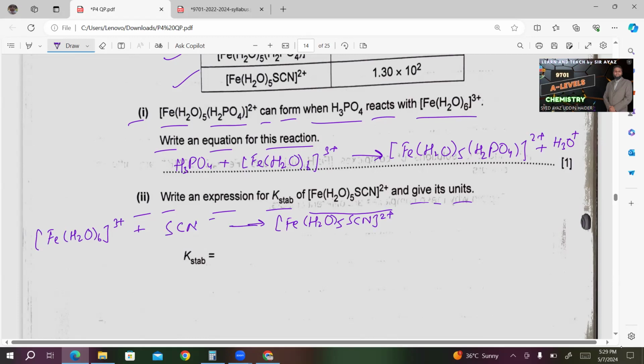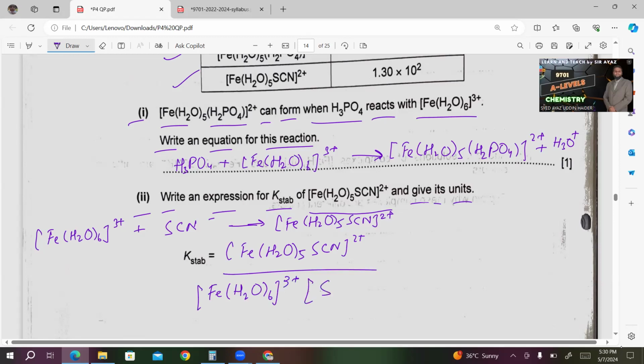So the stability must be product by reactant. So you write [Fe(H2O)5SCN]2+ divided by [Fe(H2O)6]3+ multiplied by [SCN-]. This must be Kstability.